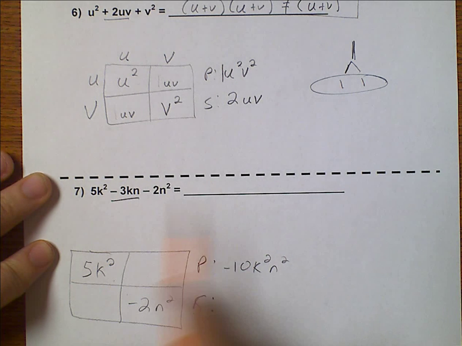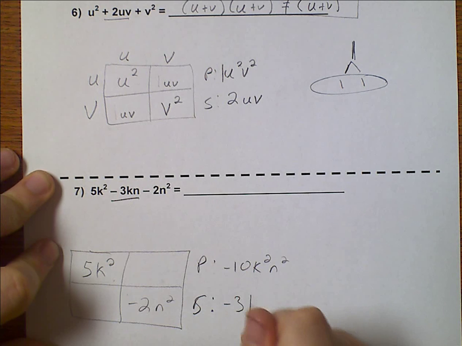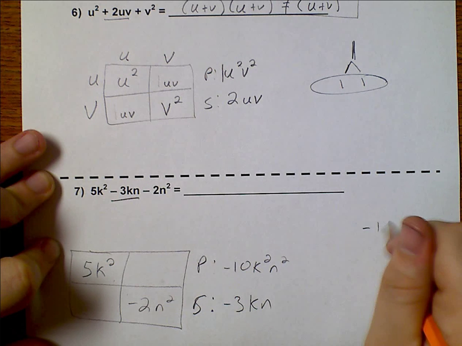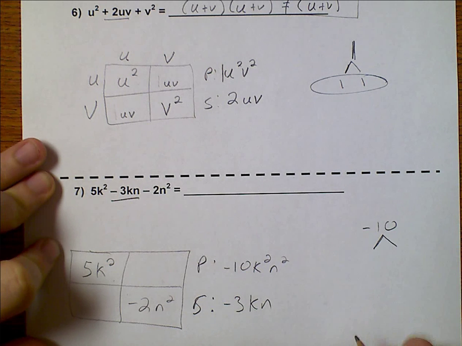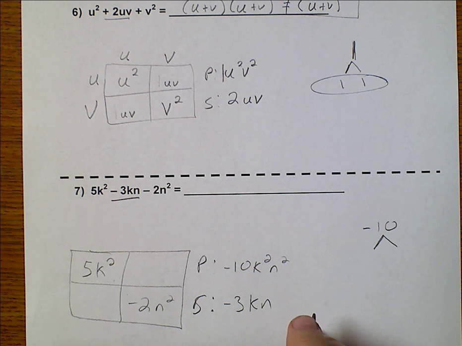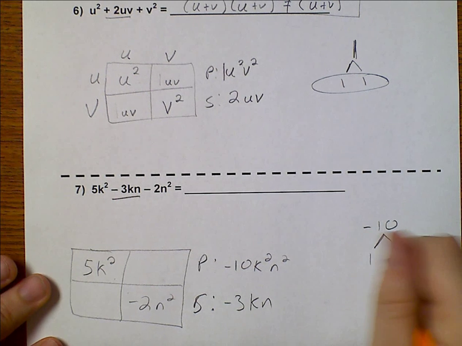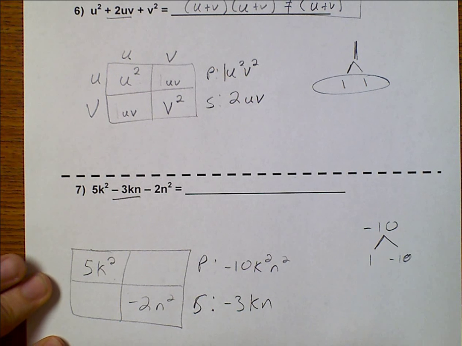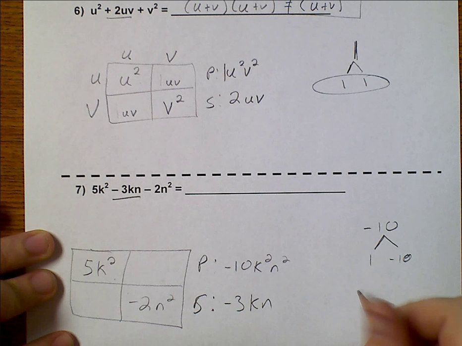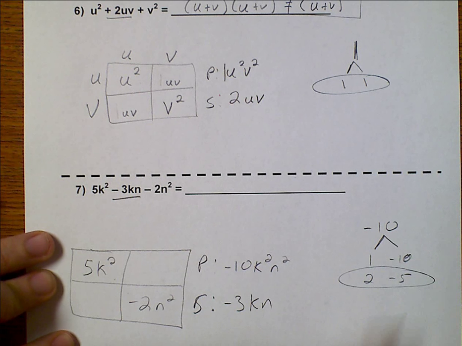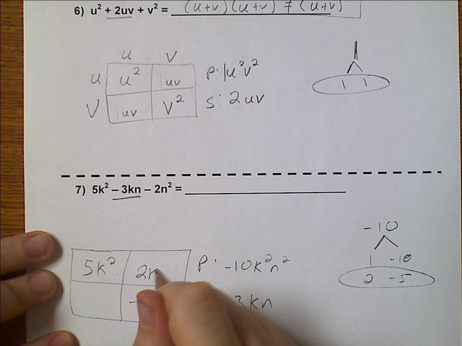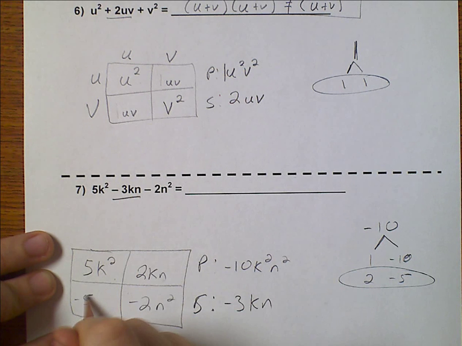My sum, a negative 3, kn. And what multiplies to negative 10 that will give me negative 3? Well, 1 and negative 10, that's not going to do it. 2 and negative 5, that will, because 2 minus 5 is a negative 3, so this would be 2kn, negative 5kn.